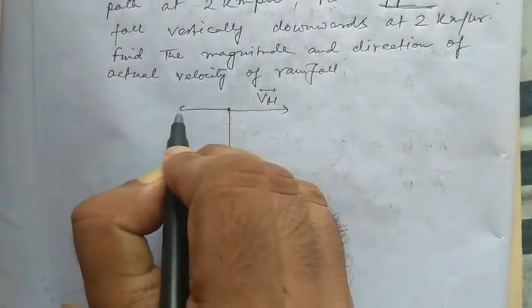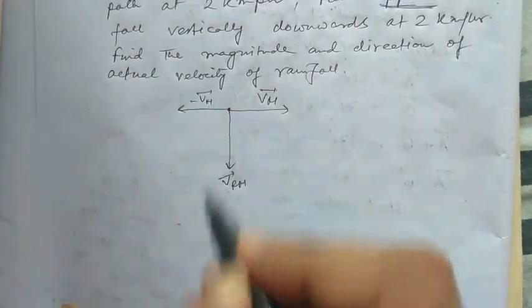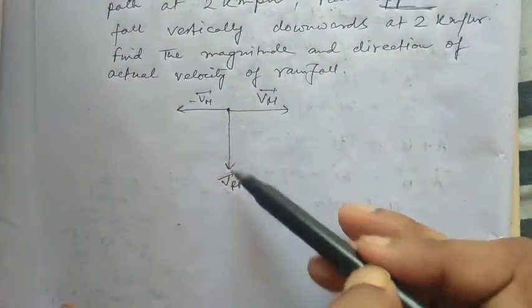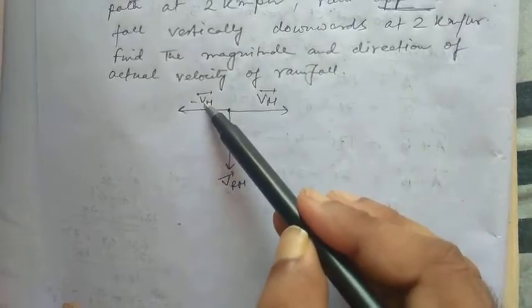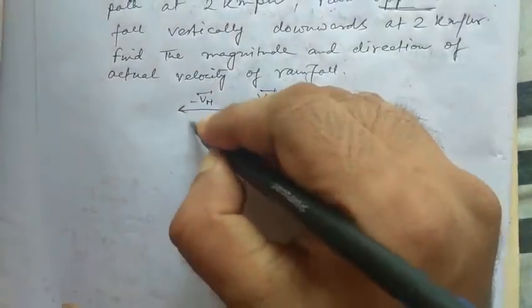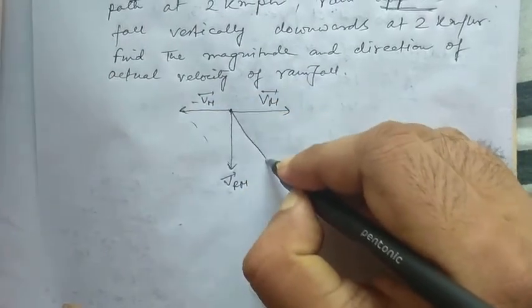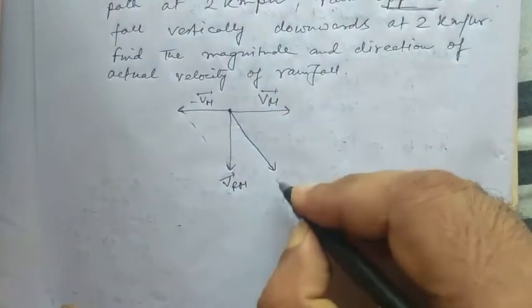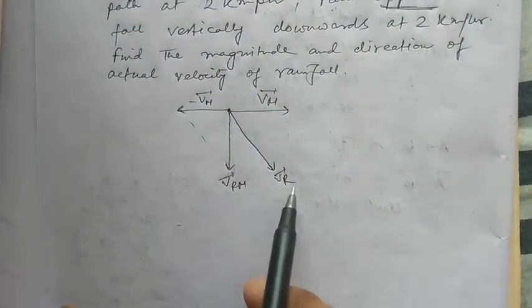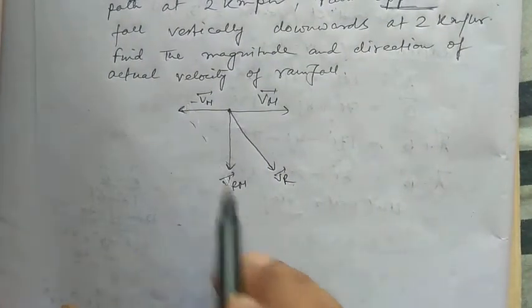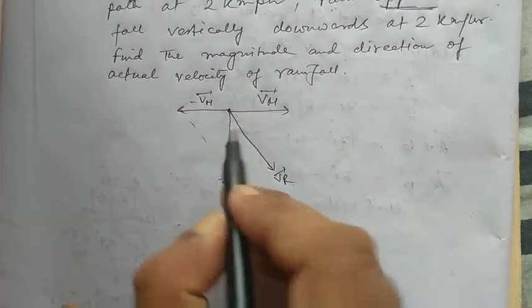Now what is minus Vm? This is minus Vm. So Vrm was the resultant of Vr and minus Vm. So Vr would have been like this. The resultant of Vr and minus Vm is Vrm.